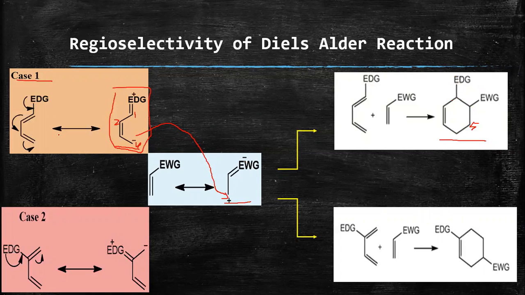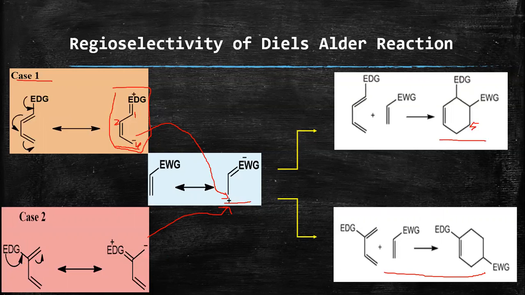Or if we have the electron donating group at position number 2, in case 1 we have the electron donating group at carbon number 1, and if we have it on carbon number 2, electron density would be rich at carbon number 1, and carbon number 1 would attack on the electron deficient center of the dienophile here, and would result in the formation of para product.